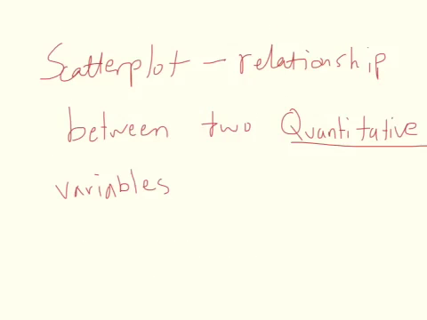The scatter plot basically shows the relationship between two quantitative variables. This implies that a scatter plot cannot show the relationship between two qualitative or categorical variables. Two quantitative variables, as we defined earlier, could be time studied and the grade made for a test. These are obviously quantitative because a number value can be assigned to them.